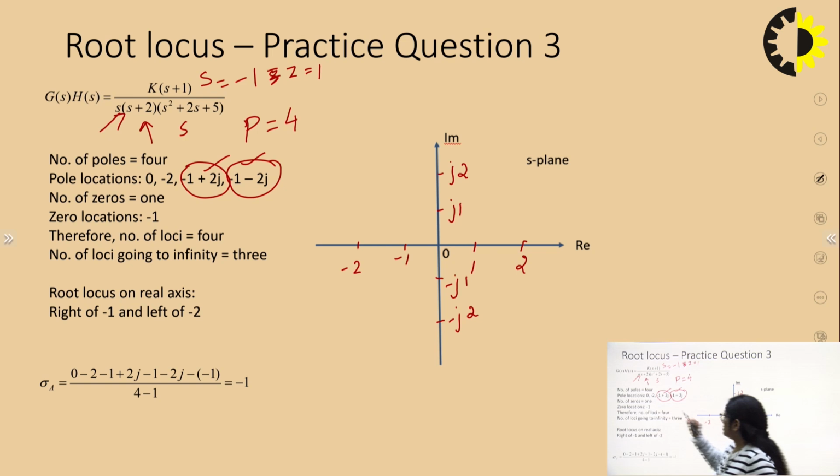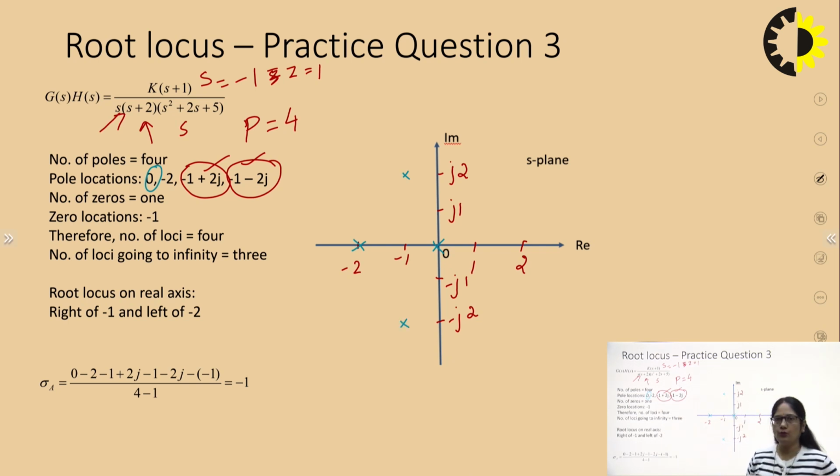We are going to mark the poles on the s plane: one pole at the origin, that is s = 0, s = minus 2 with a cross sign, and we have minus 1 plus 2j and minus 1 minus 2j.